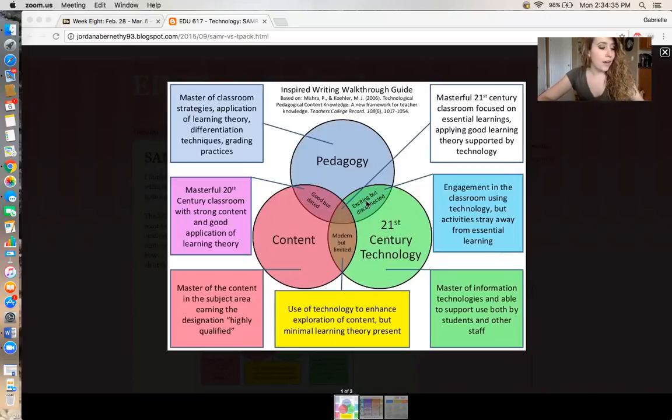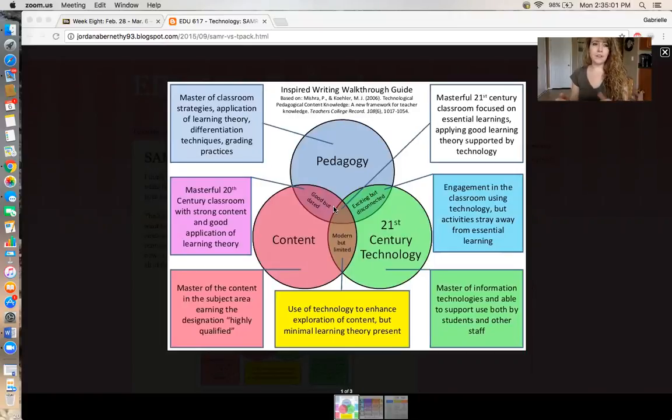So for the first question, I think quality instruction for today's learner looks like having a classroom using various resources and various strategies. You can teach your students in a variety of ways so that you can differentiate for every type of learner.